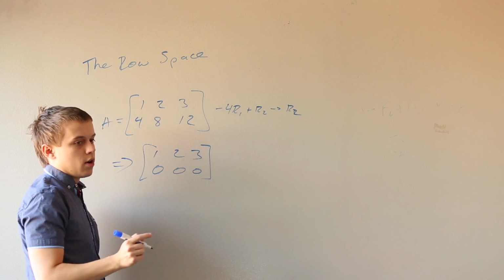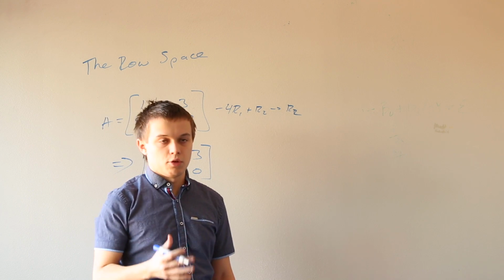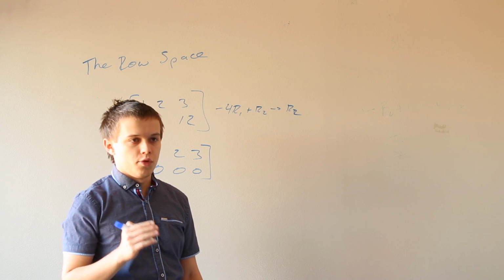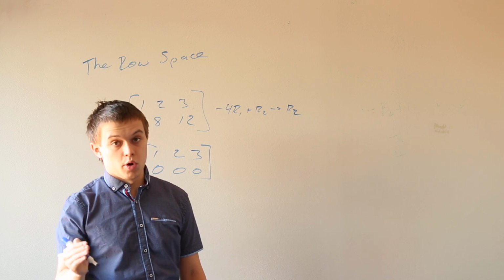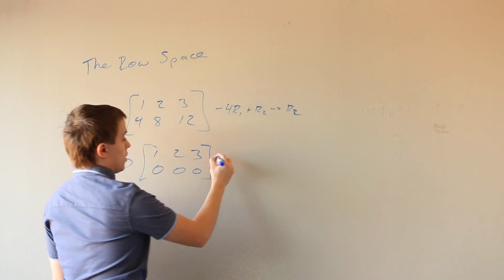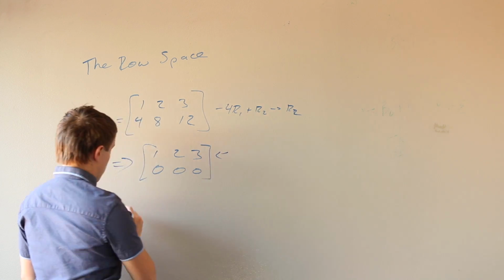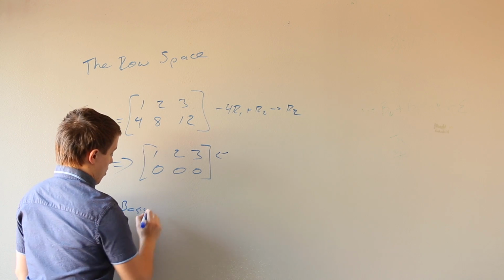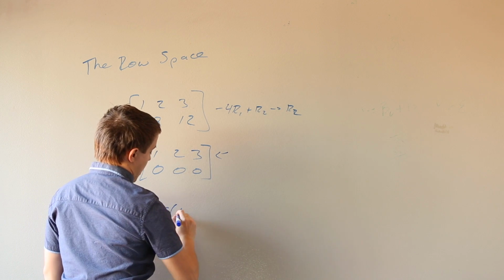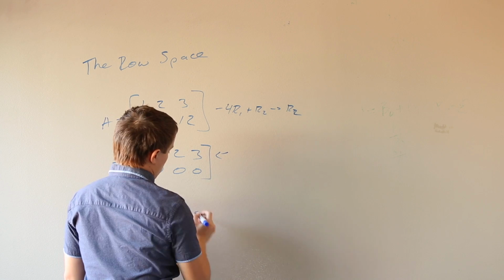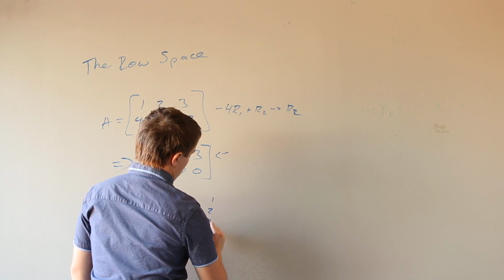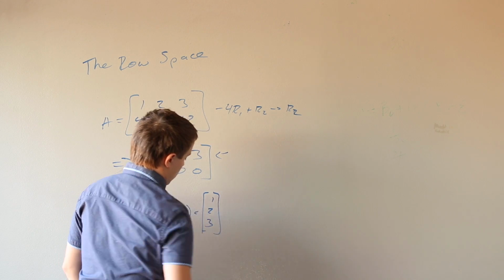Now the basis of a row space of matrix A is all the non-zero rows. So in our case we have only one here. So the basis for the row space of A is equal to the vector 1, 2, 3.